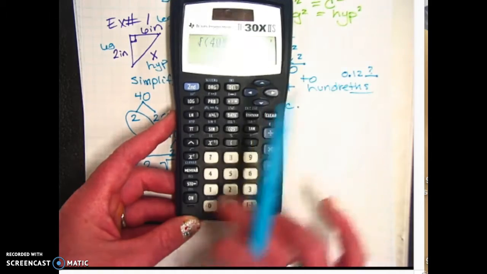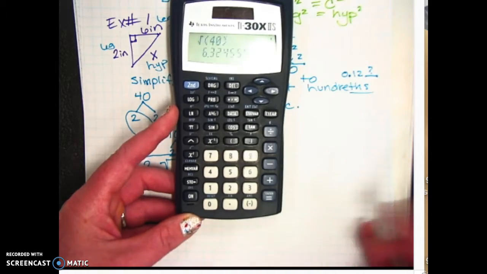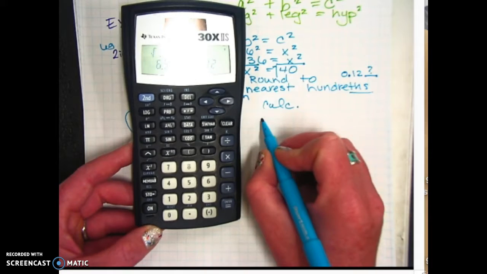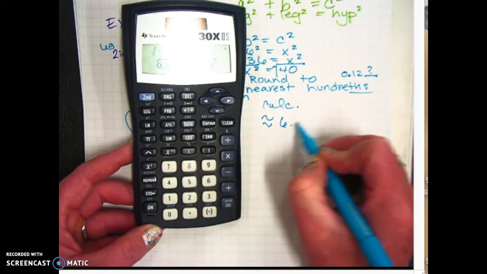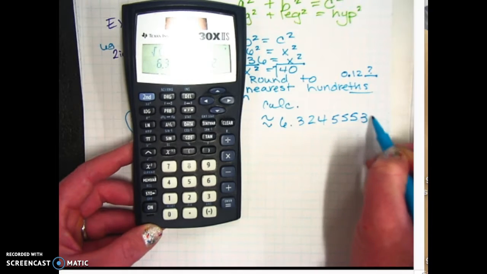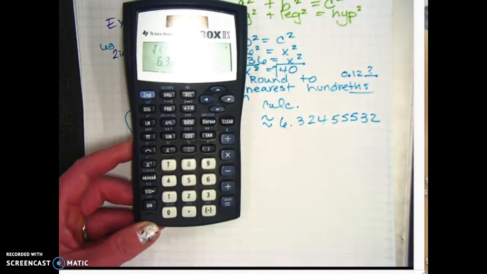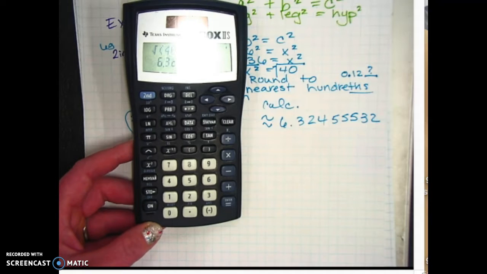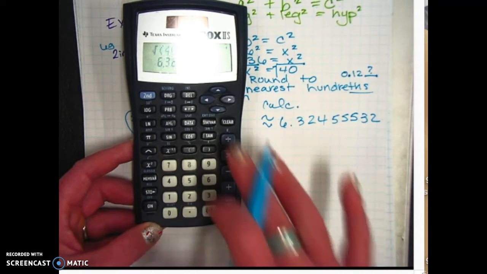So that's where you type 40, close the parentheses, hit equals. So on your calculator, you're going to get 6.324555532.